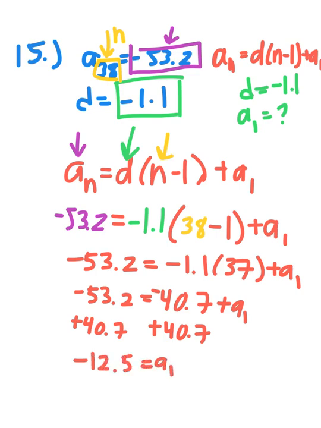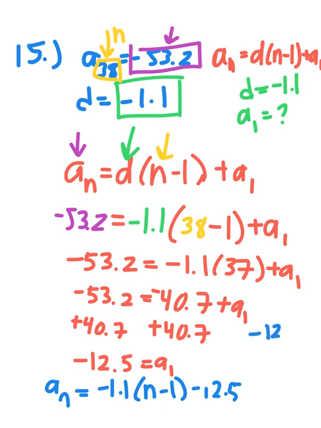So that means my explicit rule then must be a sub n equals d, which is negative 1.1, times n minus 1, plus a sub 1, which I just found was negative 12.5, so I can really write minus 12.5. And then the first five terms would be negative 12.5.